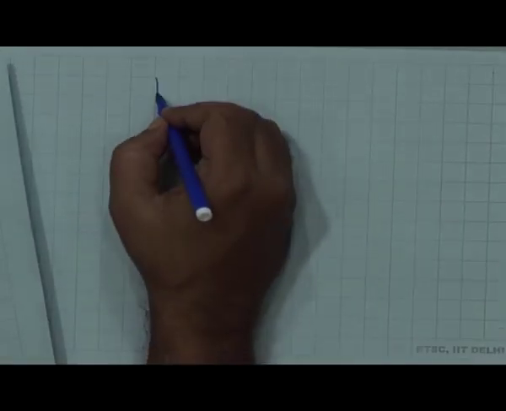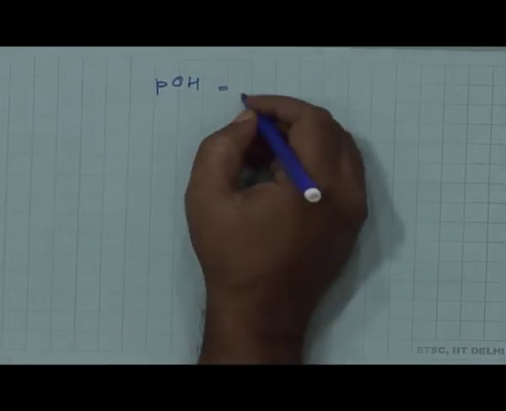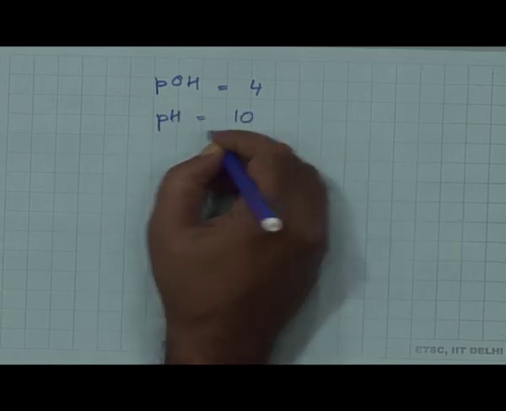So, pOH will be 4, and so pH will be 10.